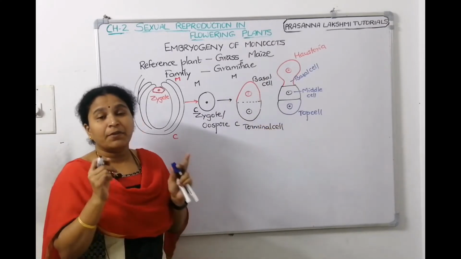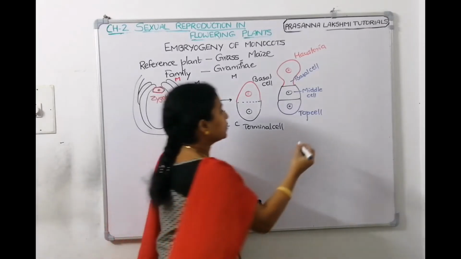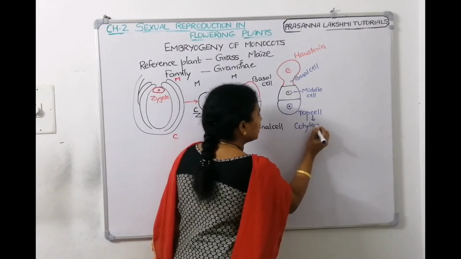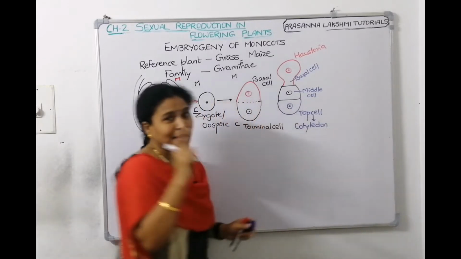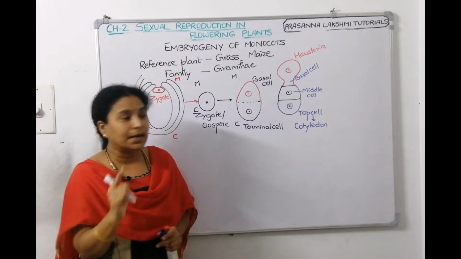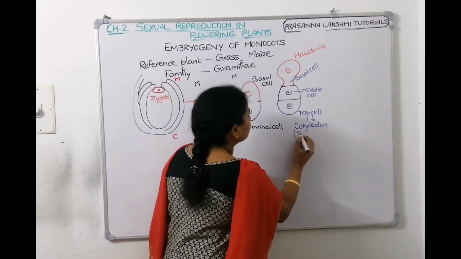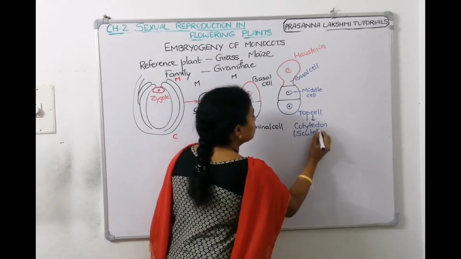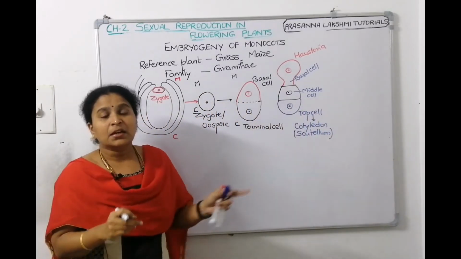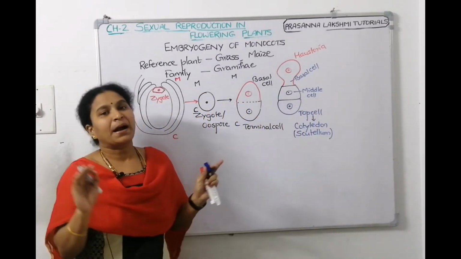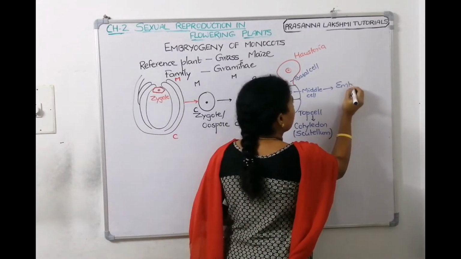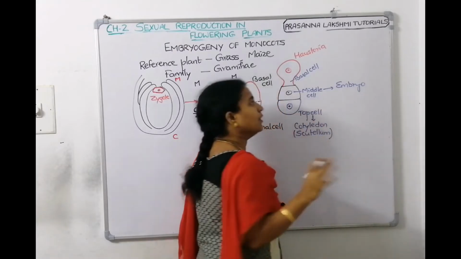Now, the top cell will develop into the cotyledon. Monocot has only one cotyledon. The single cotyledon of monocot is called the scutellum. Whereas the middle cell is going to form almost all the parts of the embryo.